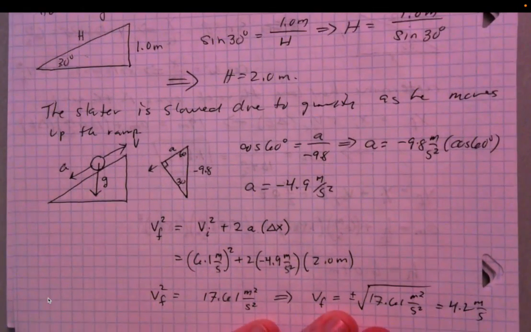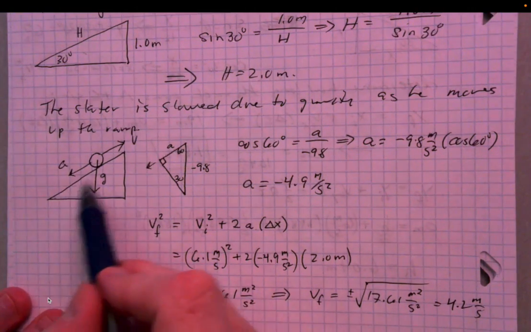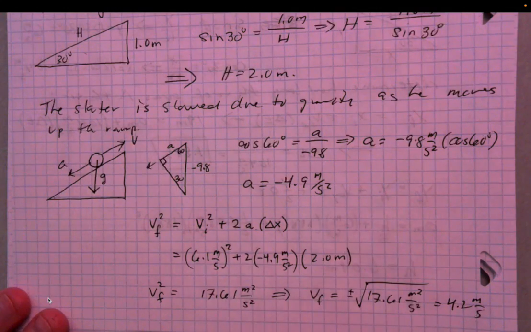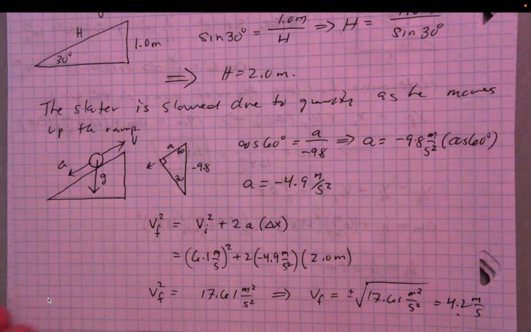All right, so what that's telling us is that the final velocity at the top of the ramp, after we traverse the 2 meters to get to the top of the ramp, our speed has slowed from 6.1 meters per second down to 4.2 meters per second.